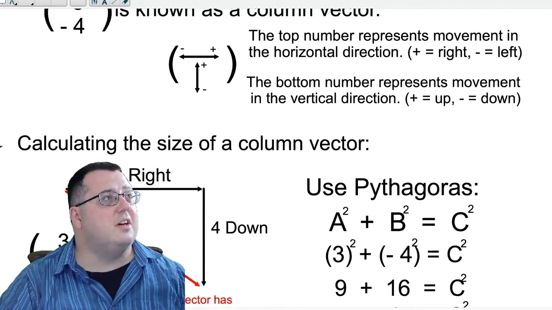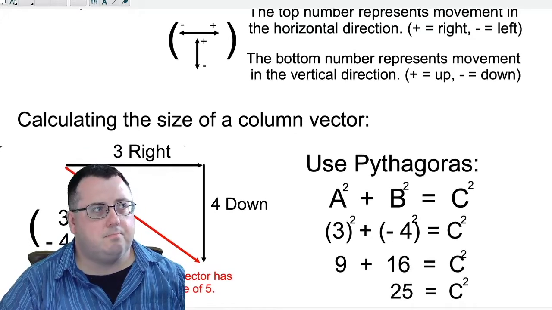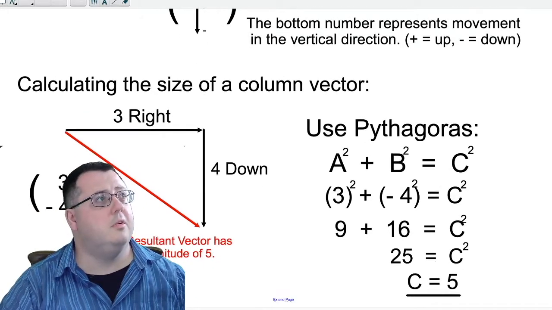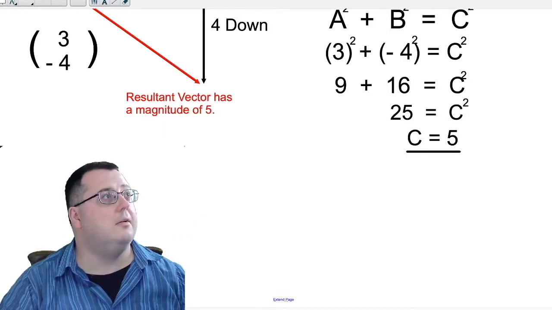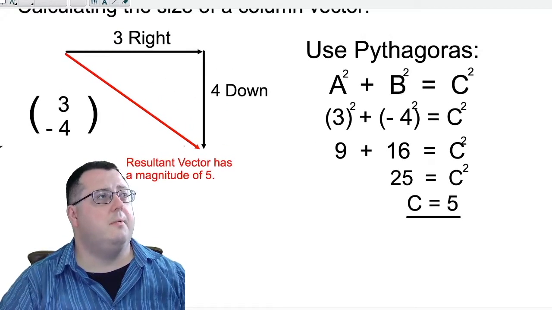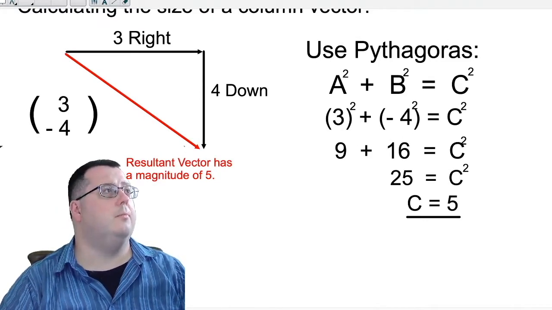So to calculate the size of a column vector, you need to use Pythagoras. Do you remember the column vector that we had was 3, negative 4?